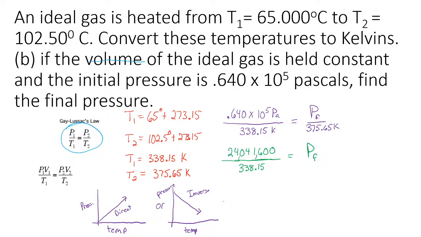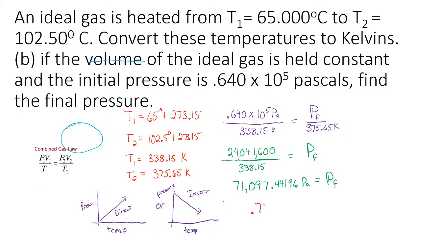We'll get 71,097.44196 pascals as our final pressure. When we put in our significant digits, we had 3 significant digits in the problem, so the better way to write that would be 7.11 times 10 to the fourth pascals.